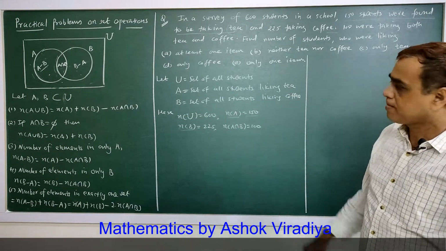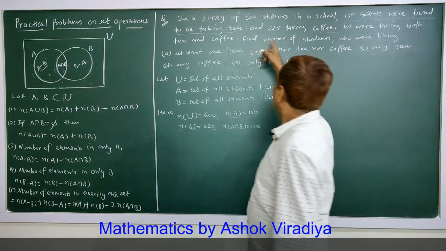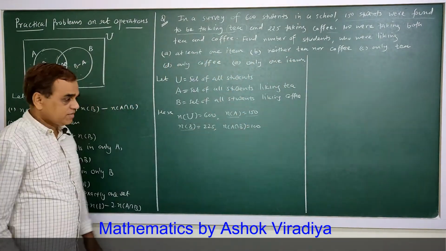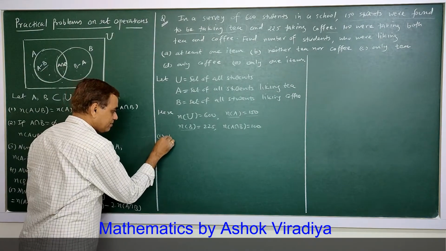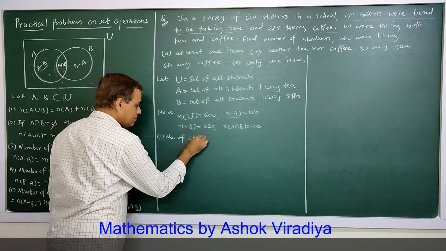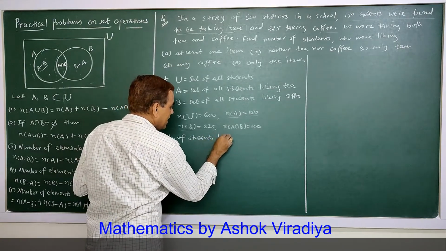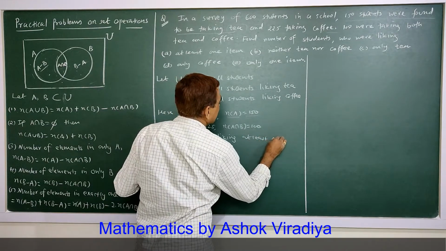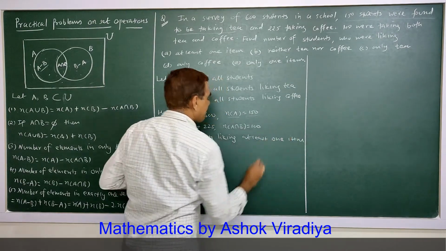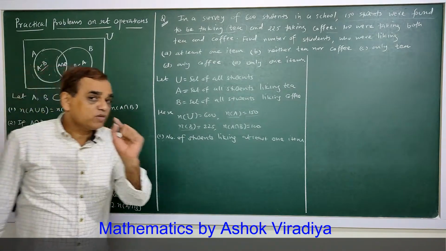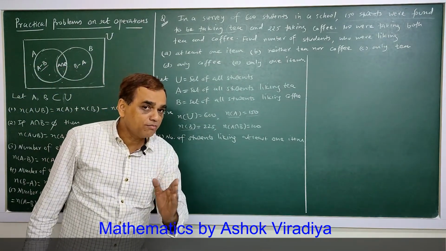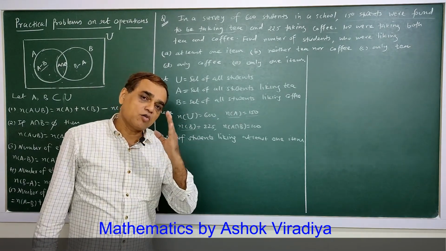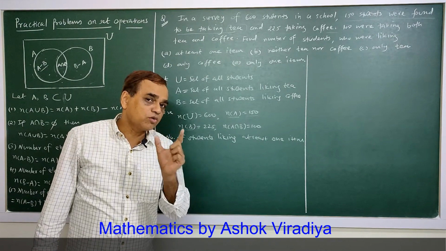See, the first question is: find the number of students who were liking at least one item. At least one item means one or more than one, that is, only tea or only coffee or both.